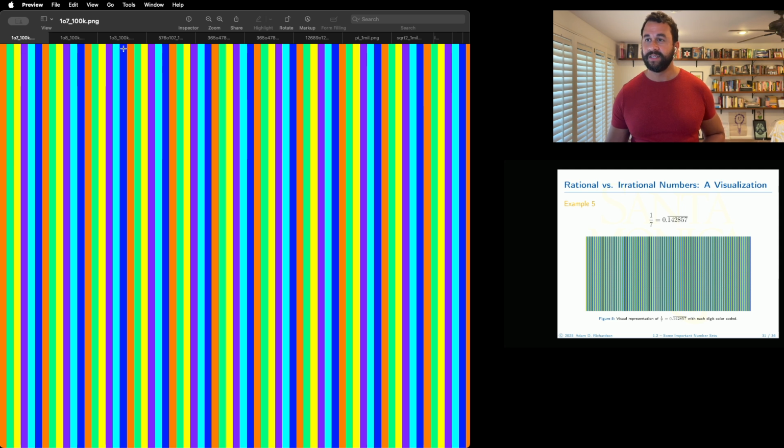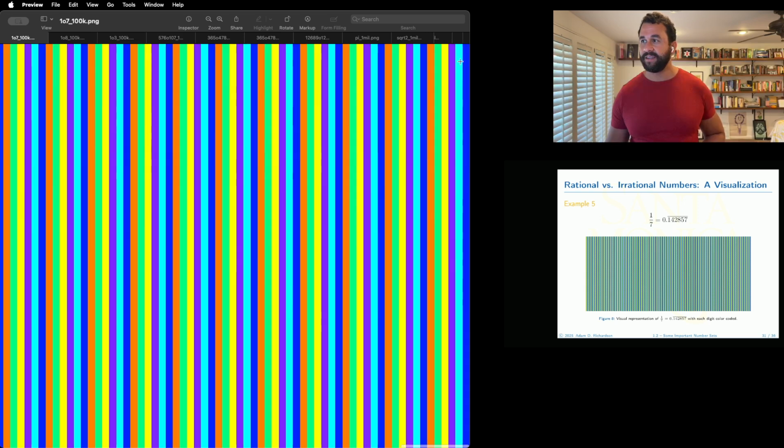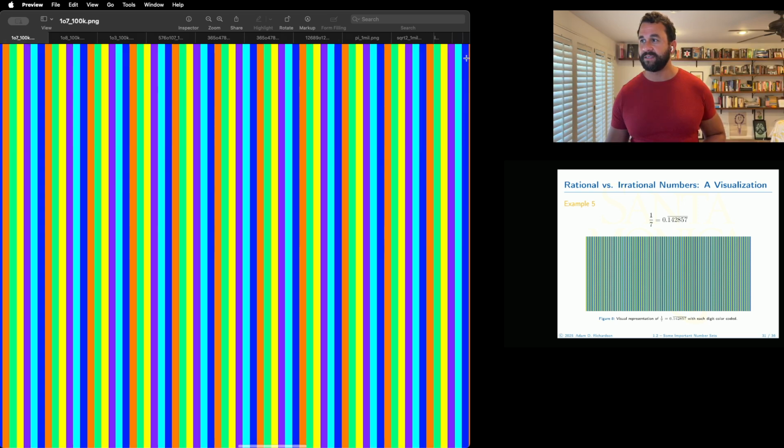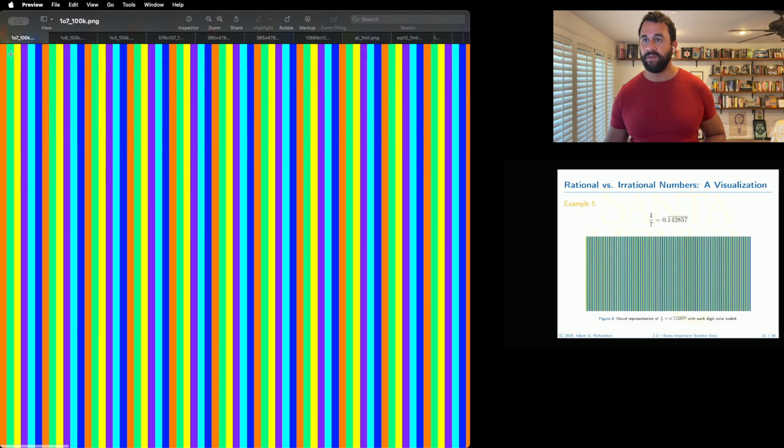And it repeats. So you do all the way across the line. Each one of those pixels represents a digit. Then you get to this end, and then you go back to the left, just like you're reading a book. Okay, you got the idea? So that's what 1/7 looks like.